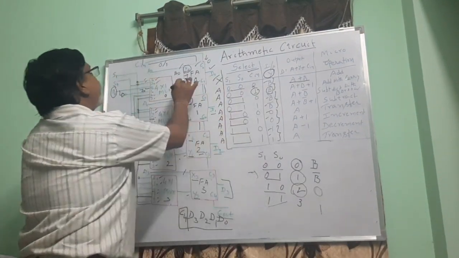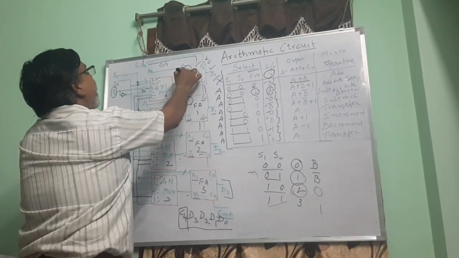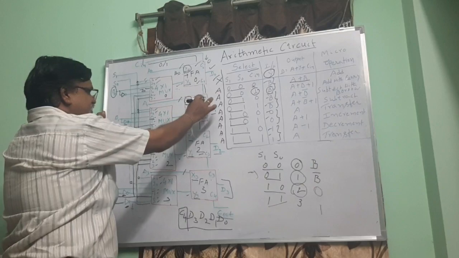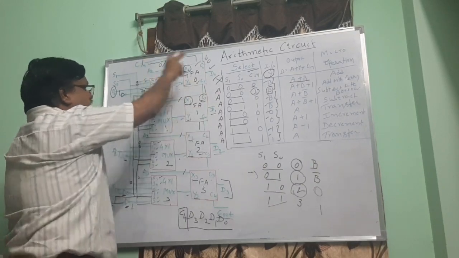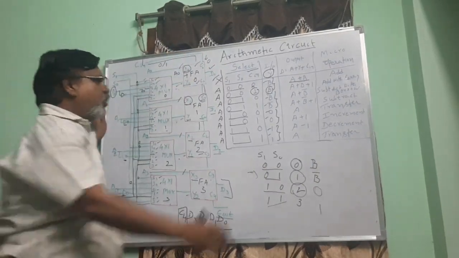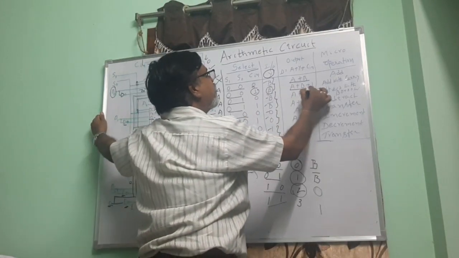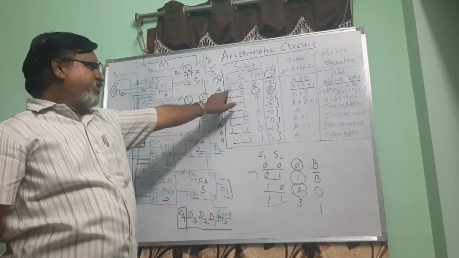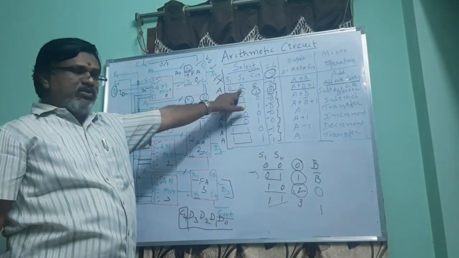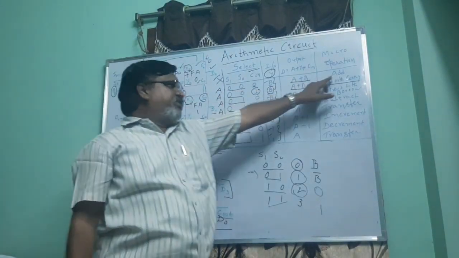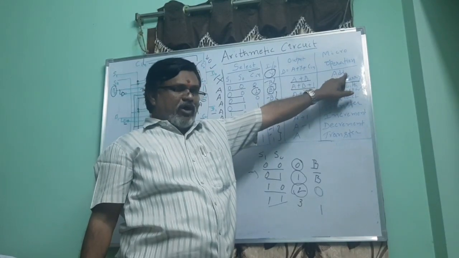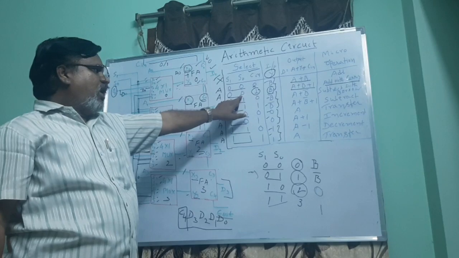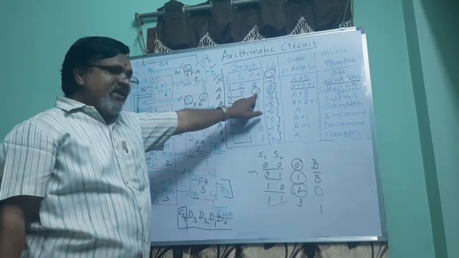So what will happen for this full adder? It computes A plus B plus C, and C is 1 here. So A plus B plus 1. What is this operation? Add with carry. So S1, S0 are 0 0 and Cn is 0, we simply perform the add micro-operation. And S1, S0 are 0 0 and Cn is 1.